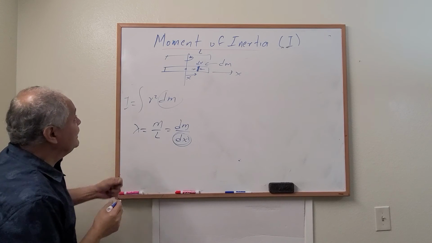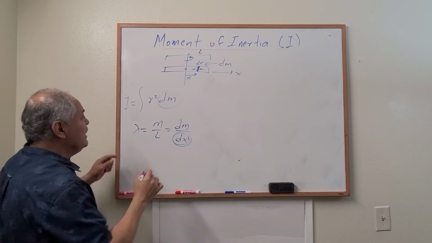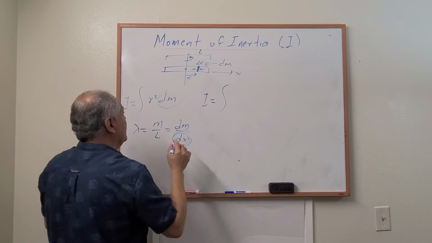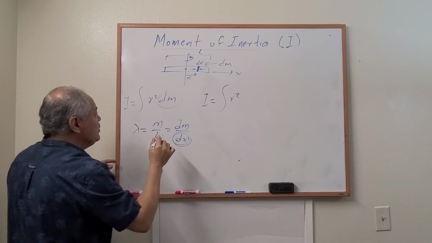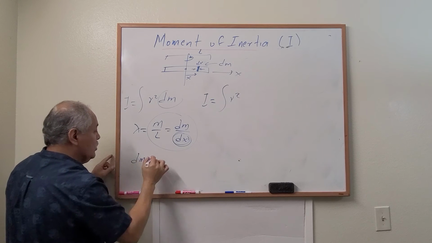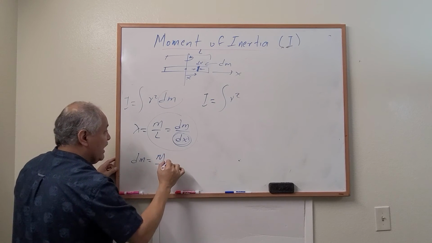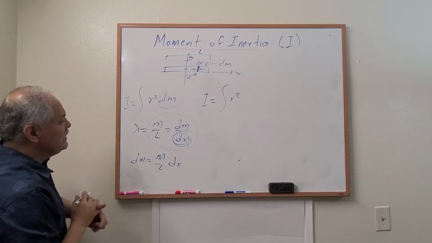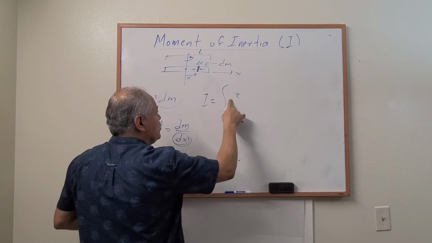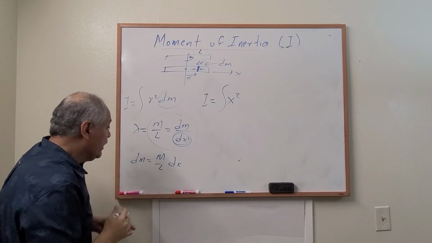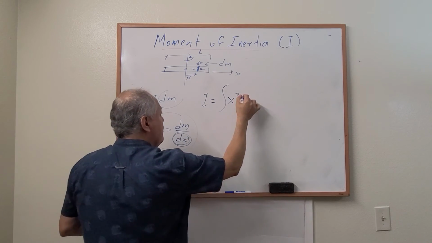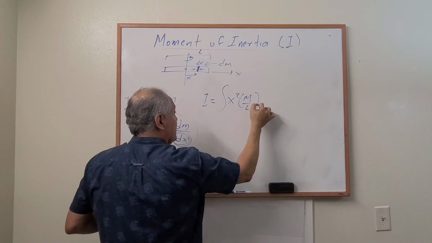So let's go back then to this case. From here, we have that the moment of inertia is equal to the integral of r squared dm. What should be dm from this equation? We have that dm is equal to the total mass over L times dx. For simplicity, let's match this dx with this quantity, so we can call it x squared times dm right here, which is equal to m over L times dx.